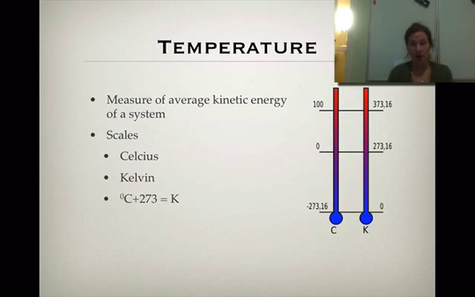Temperature, for our units for temperature, we'll be using Kelvin. The reason we use Kelvin is that temperature has a relationship with energy. It's supposed to be a measure of your average kinetic energy in your system. If you remember, kinetic energy is motion energy, so really temperature is a measure of motion, how much and how fast things are moving.